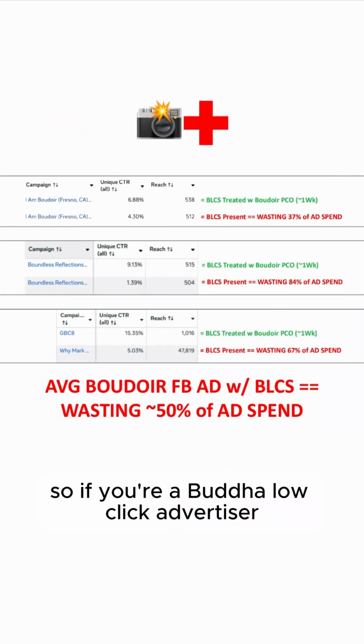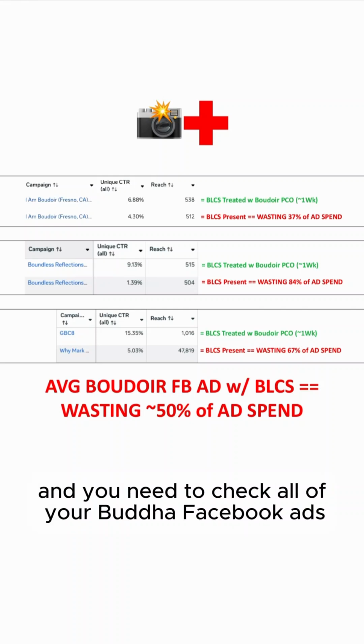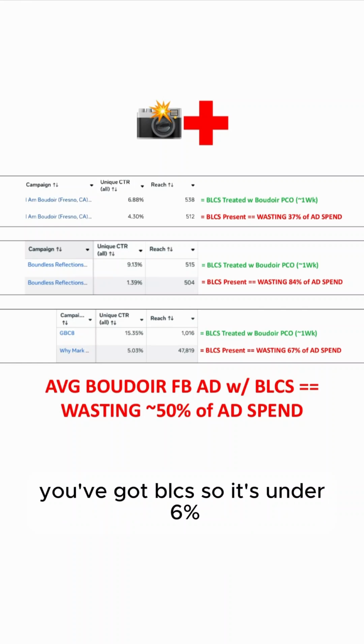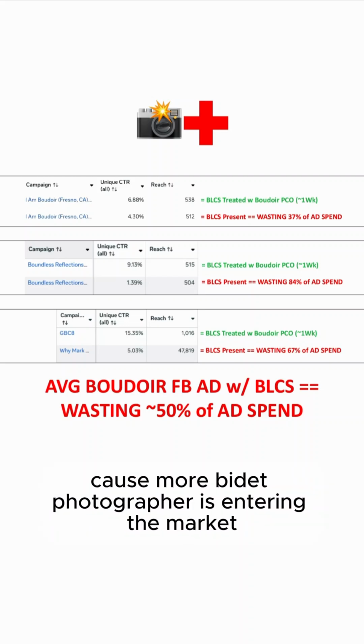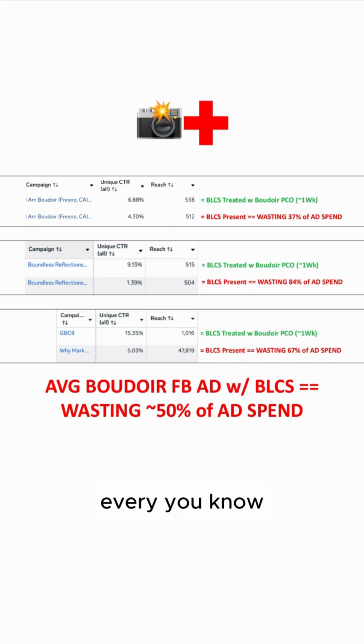So, if you're a boudoir advertiser and your unique CTR on all of your boudoir Facebook ads, you've got BLCS, so it's under 6%, and you want to pull more profit out of the business because more boudoir photographers are entering the market every day.